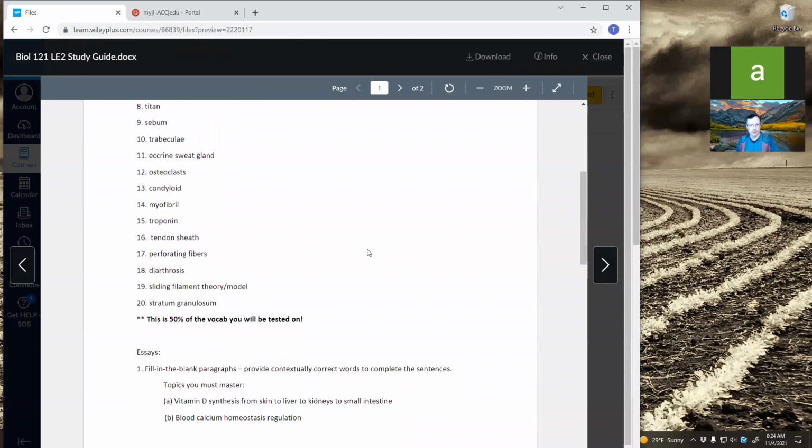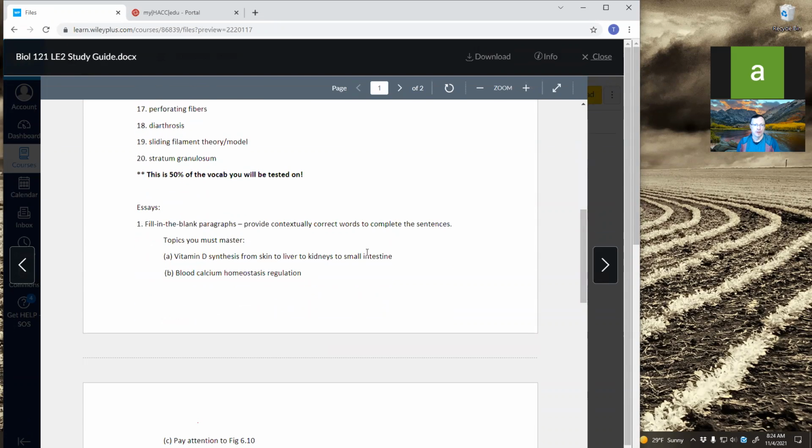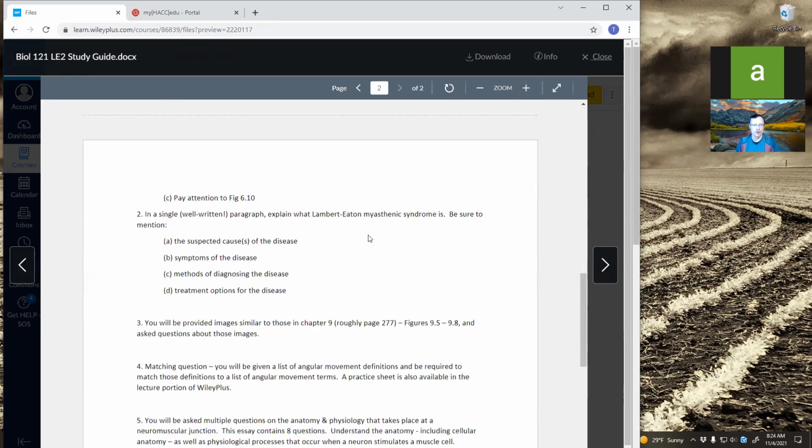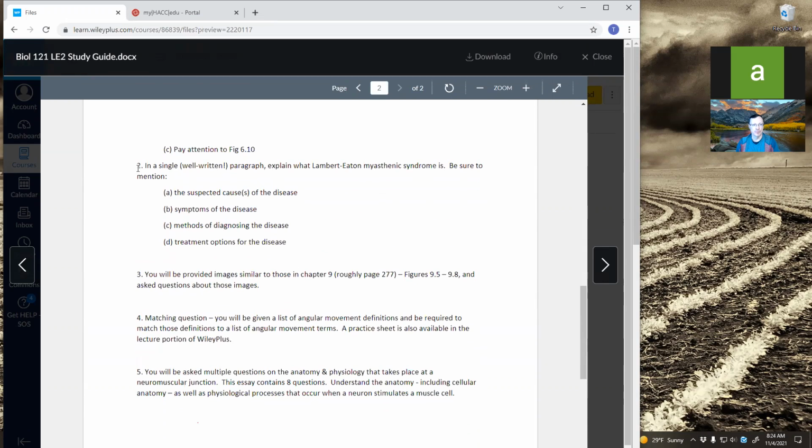And as you look across the study guide, there are many things in this study guide that I've already spoken to you about during lecture time. I've provided support to you, but you're going to have some work of your own to do. Here's an example of something I have not talked to you about. Lambert-Eaton myasthenic syndrome. Okay, haven't talked to you about it. I'm not going to talk to you about it.